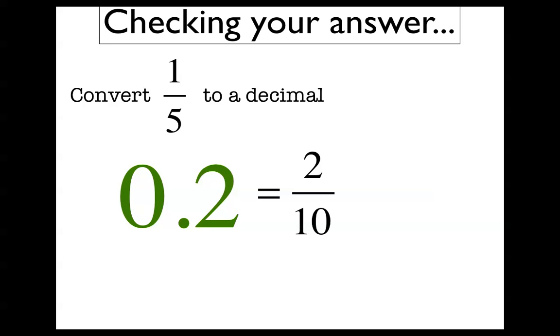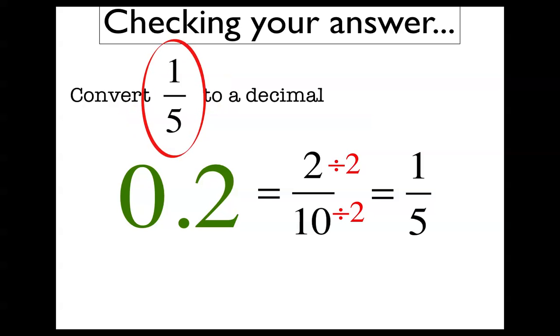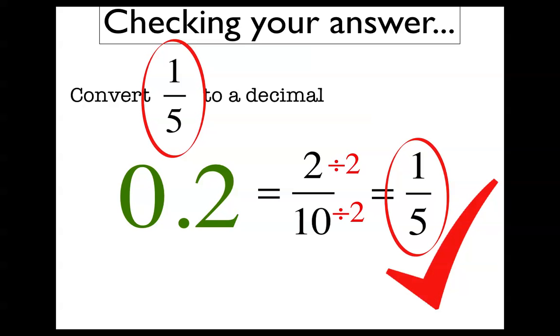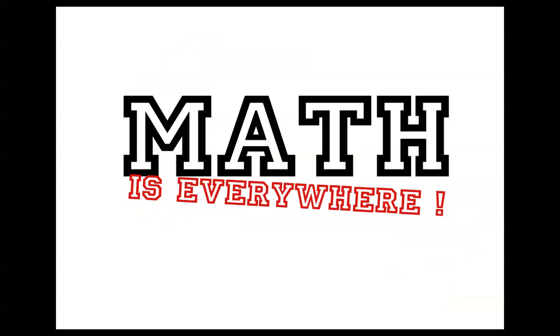We just turned a decimal into a fraction. But you can reduce 2/10 by dividing the top and the bottom both by 2. We can simplify it into 1/5. And oh, hey, that's what we started off with. We took 1/5, turned it into 0.2, and then we turned 0.2 back into 1/5, which means we did it correctly. Check, nailed it, out.